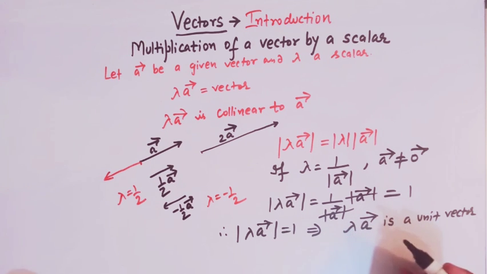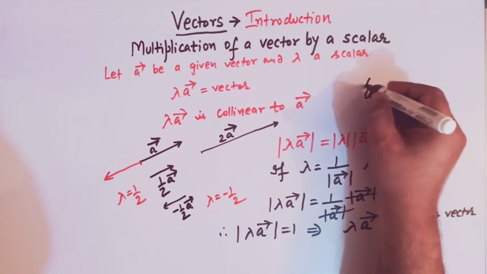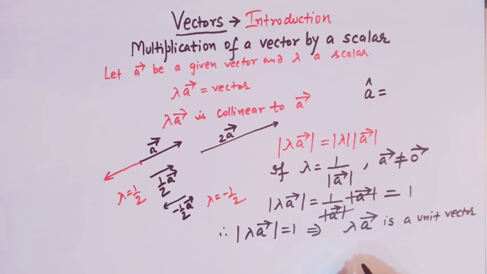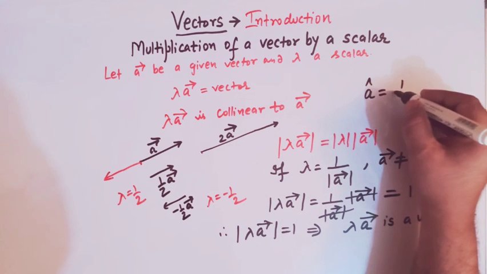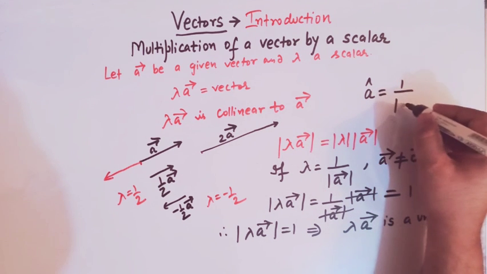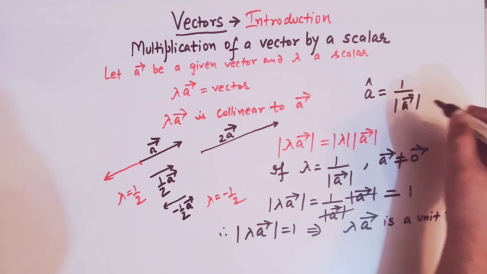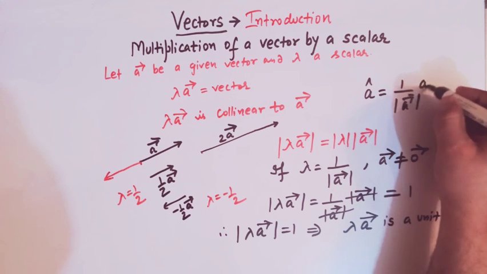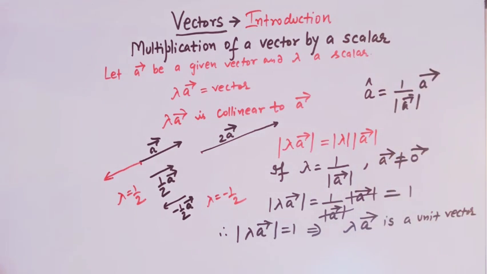And the unit vector which is in the direction of vector A is denoted by A cap, and A cap is written as 1 divided by the magnitude of vector A times vector A, right?